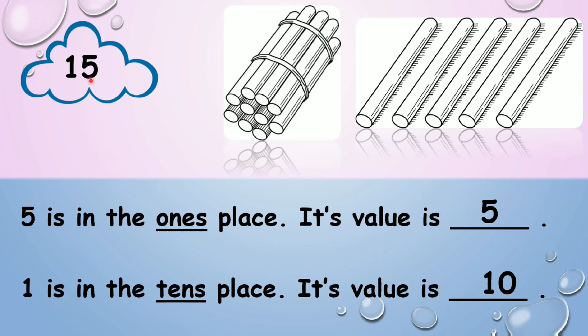Now let's look at this number in terms of value. 5 is in the ones place. Its value is 5. This 5 right here is in the ones place, therefore its value remains 5. Now 1 is in the tens place, its value is 10.